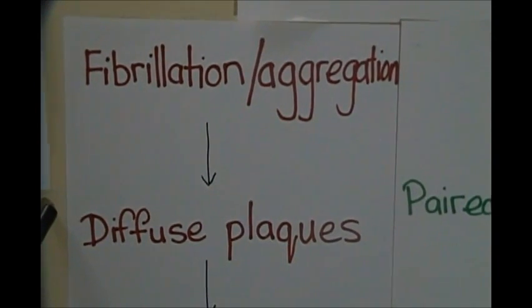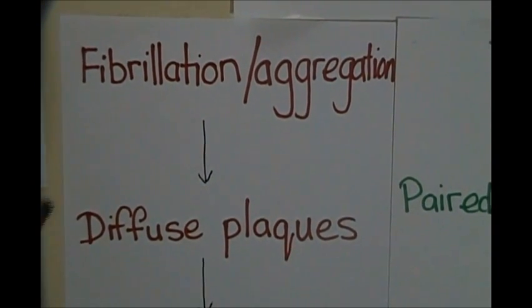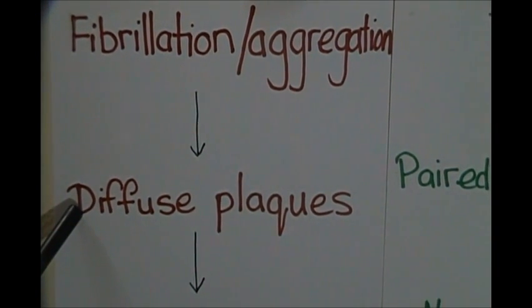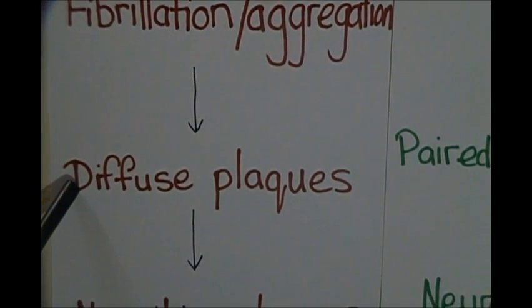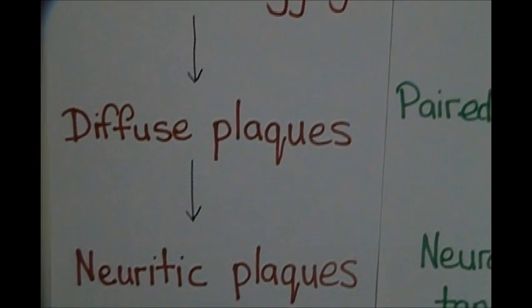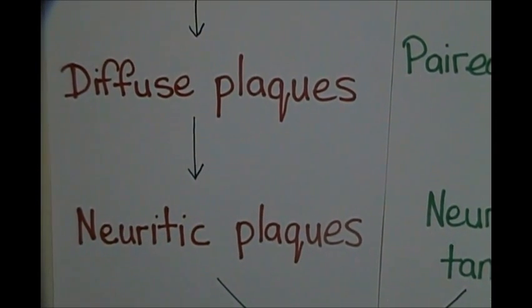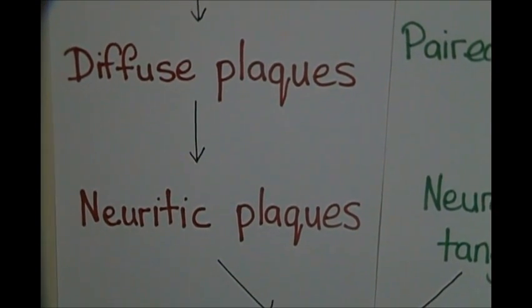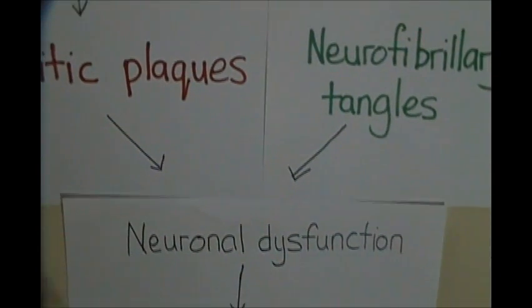Some of these plaques can insert themselves or diffuse into the membrane of the neuron, causing substances outside the cell to leak into it. This causes further damage. The damage results in a buildup of amyloid beta 42 peptide, leading to neuron dysfunction and cognitive impairment, as we can see here.